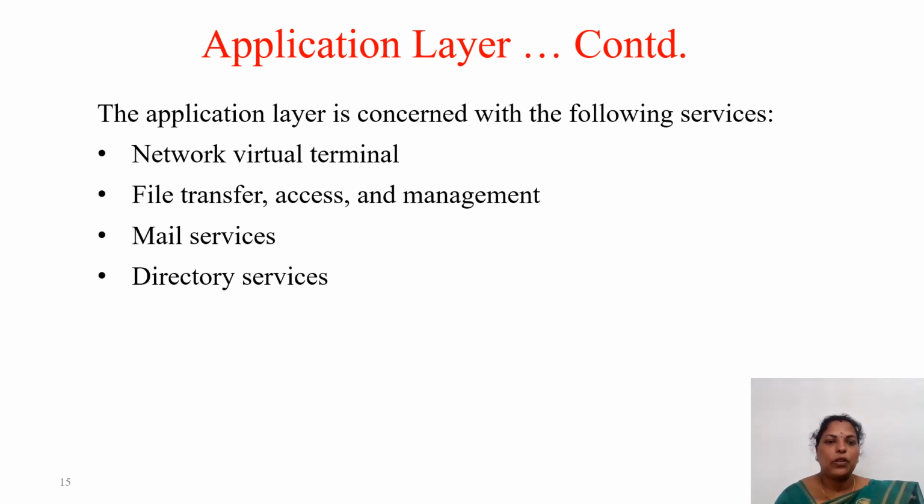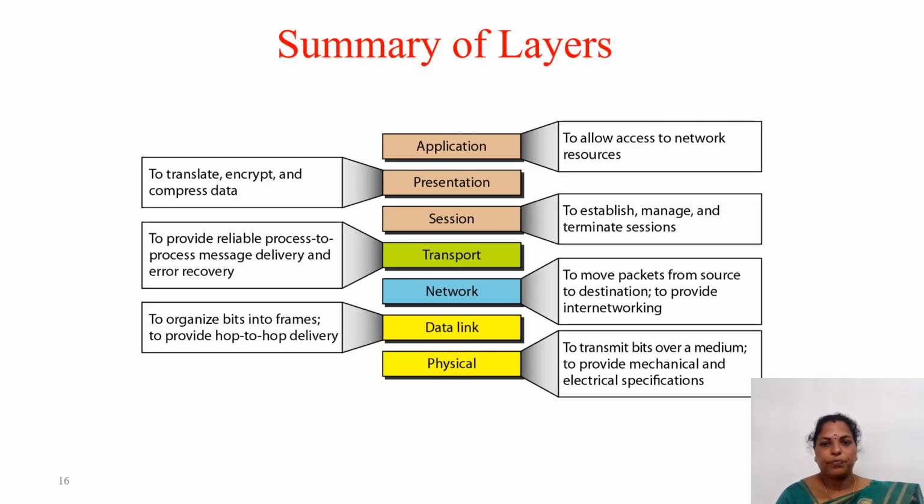That is the network virtual terminal. Then file transfer, we can transfer files, then access and management, then mail services, email services are there. Then directory services, meaning some global directory services are there. Global information is provided in the directory and we can access those services. That is the directory services.